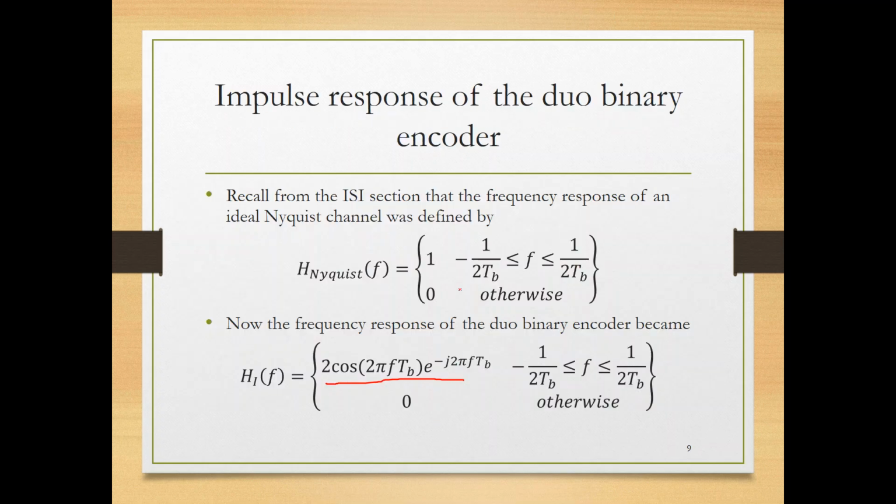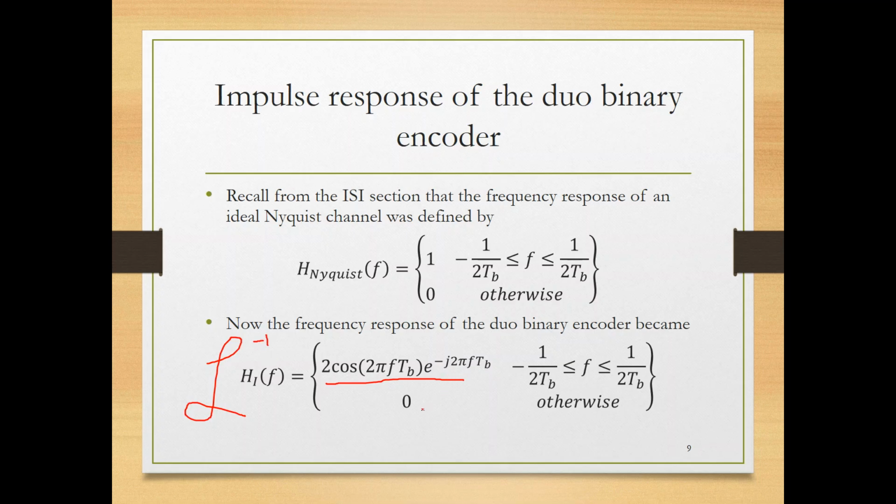This is the math in the frequency domain. If I tell you to find the math in the time domain, then the name becomes not frequency response but impulse response, time response. How do you find it? You just take the inverse Fourier transform of this.